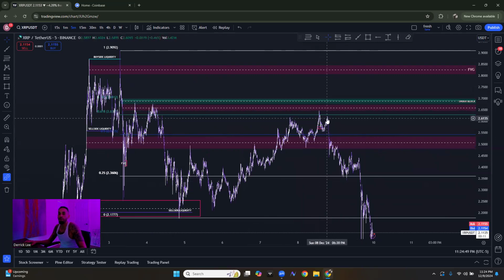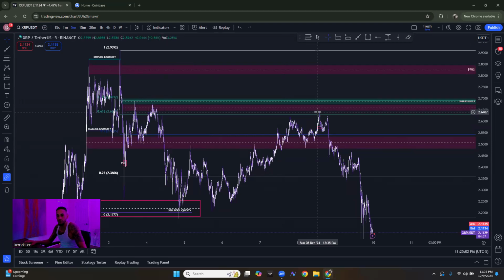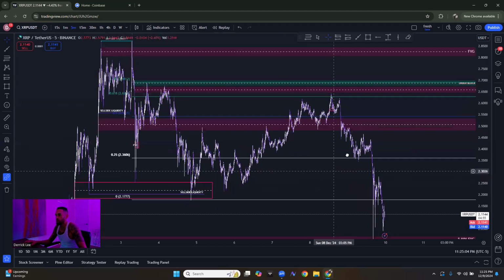You want to sell in a premium and buy at a discount. So it pulled back above 50%, which is premium, into 60 to 70% of this down range from this high to this low. It pulled back 60%. And then we see lower prices.